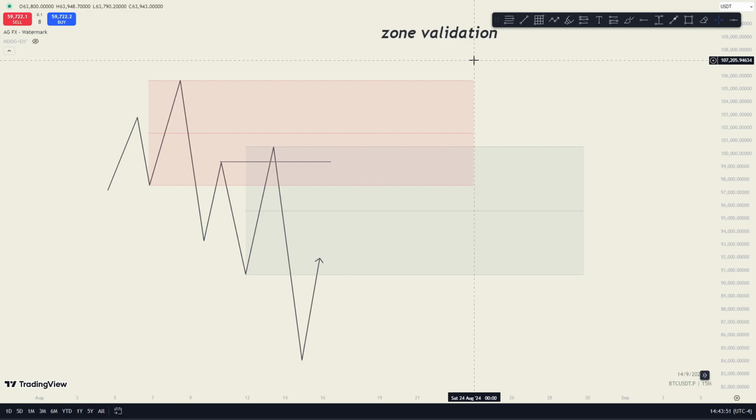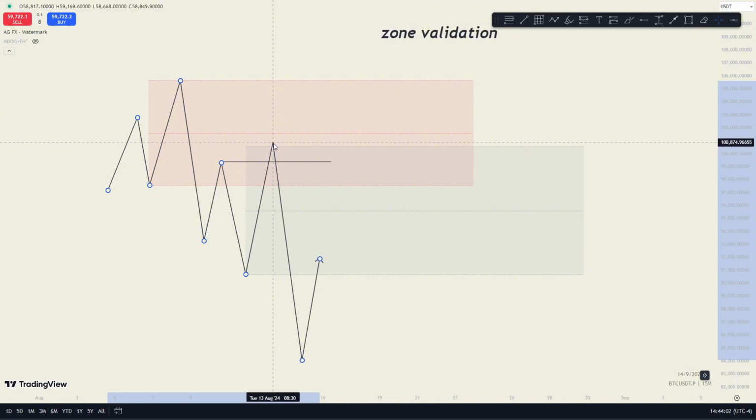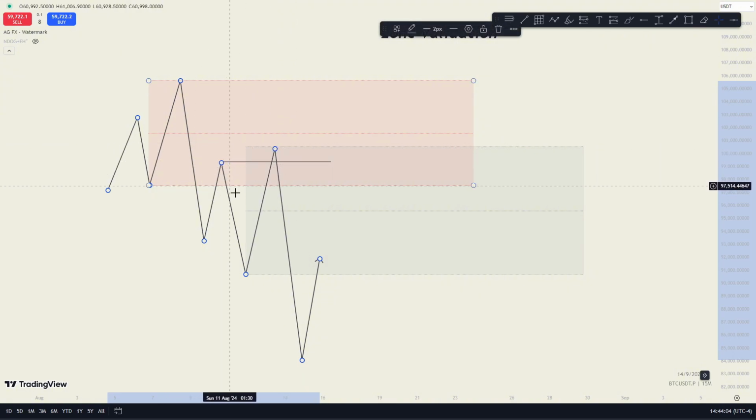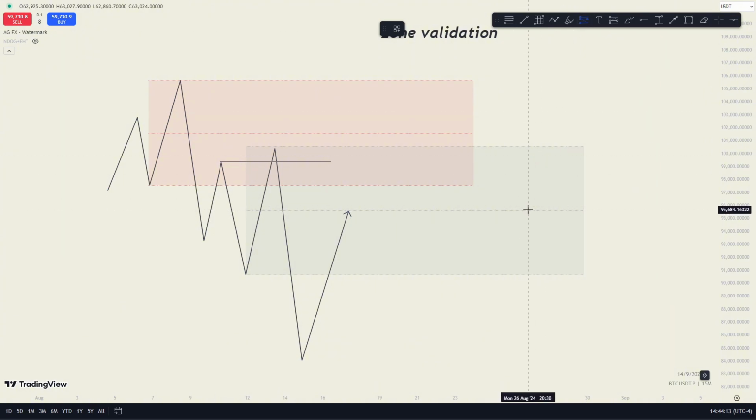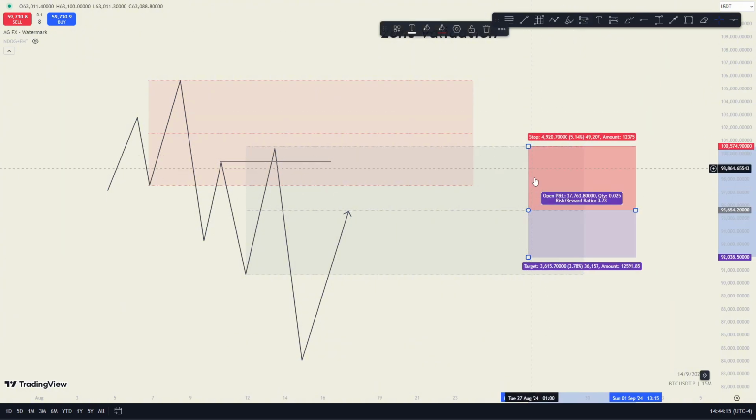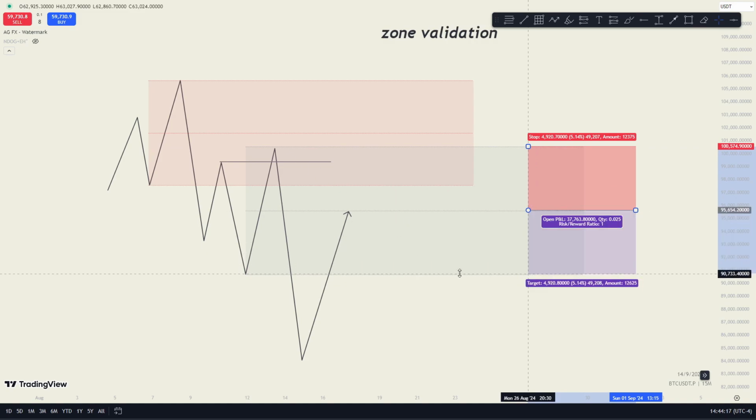The first thing that you want to look for is a fail to close to occur. So here is a flip zone, don't pay attention to it right now, but here you want to see no closure above a high. So it should be a sweep. And then strong displacement lower. Once we come back up, you can enter short, put in a stop above the high of that zone, and target the bottom of that zone.